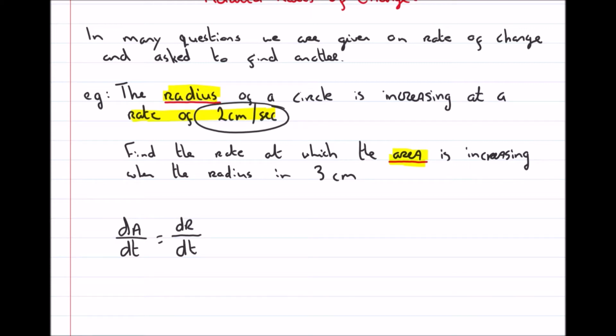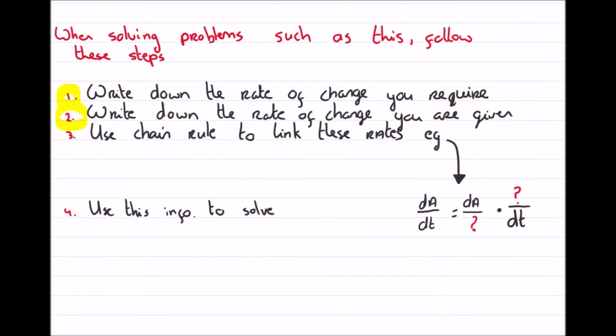So basically, the change in radius over time. Next bit then, use chain rule to link these rates. So basically what I mean by that is, I want another rate of change over here that I can get, making sure the two question marks are the same.